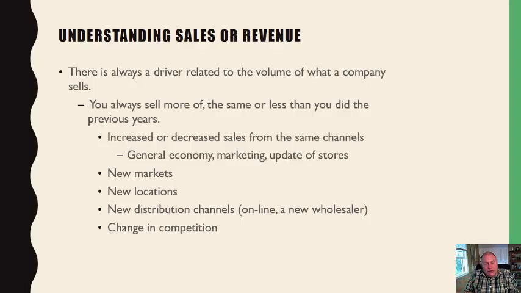Given that we have a footprint of so many stores, if the sales go up on volume, it's same store sales. We could enter into new markets. We could build new locations, retire other locations. We could have new distribution channels, online, a new wholesaler, a change in competition, weather or other disaster.